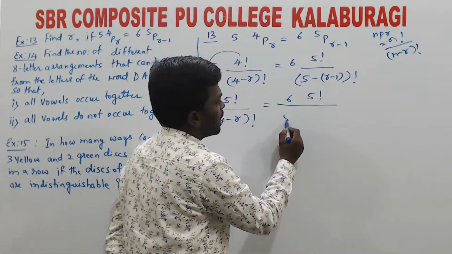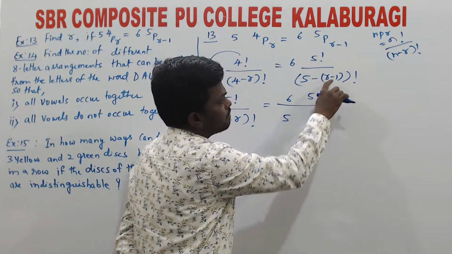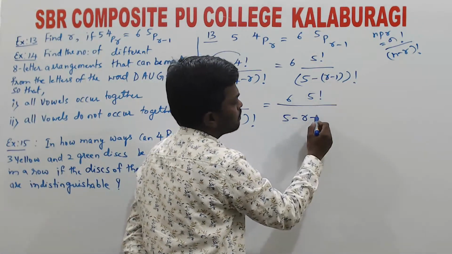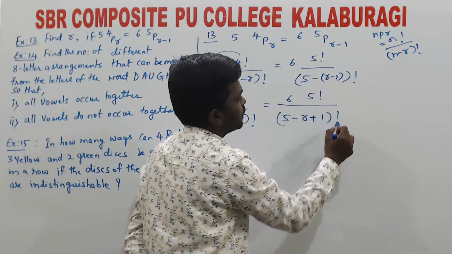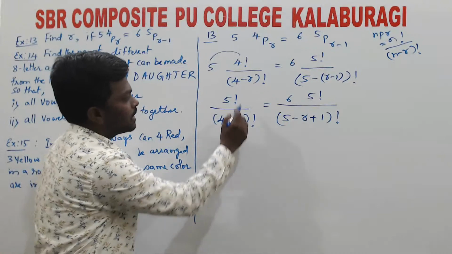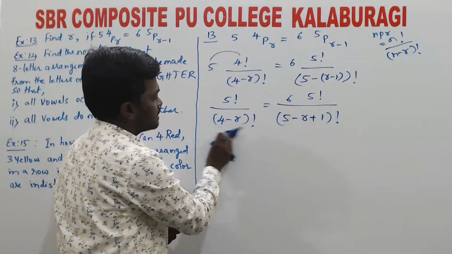So the whole divided by 5, negative multiplied inside: minus r, negative into negative, plus 1 factorial. Is that clear, students? 5 factorial gets cancelled, right?